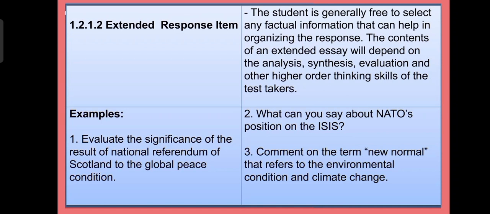So the extended response items, in other words, students are given the freedom to select factual information that can help organize their response.